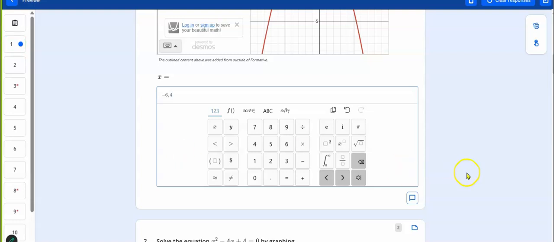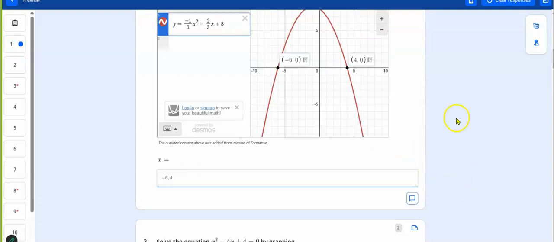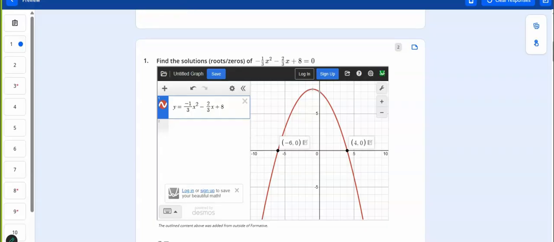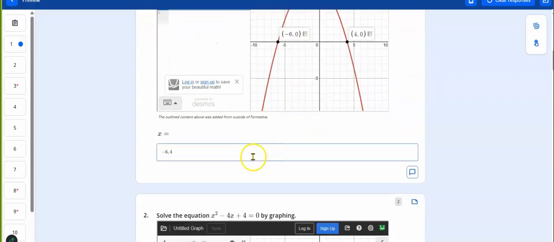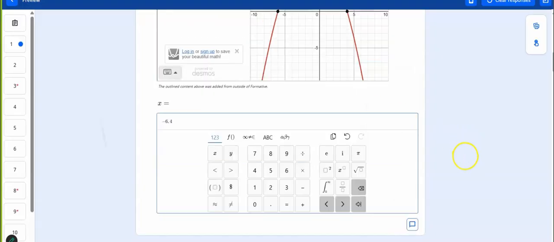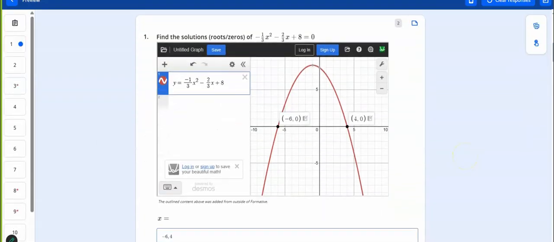I don't know if that's the way I'm supposed to answer this question. It doesn't say. I guess I'm supposed to. Does it make sense that I do it that way, that I just use a comma to separate the answers? Yeah. Is this one that tells you whether you get it right or not?